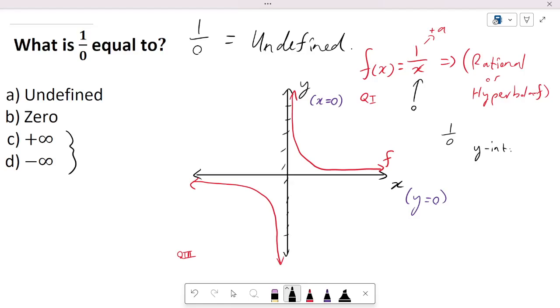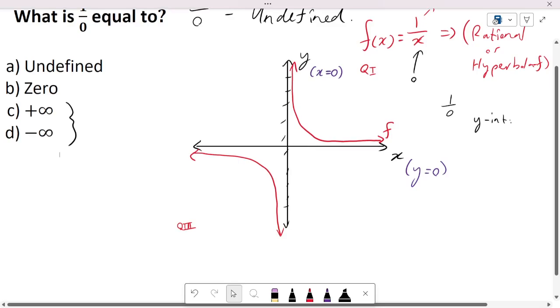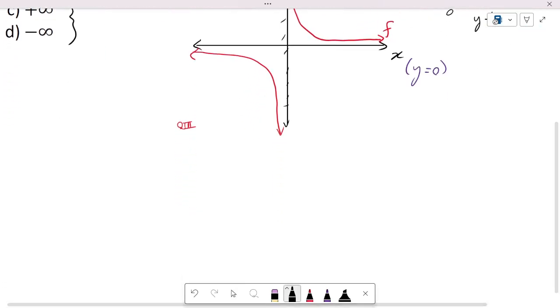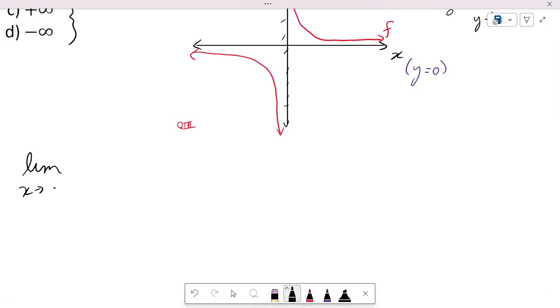Now, the reason why I wanted to do it is because if you're a Calculus 1 student, you would look at it like this, right? You would actually take the limit as x approaches 0. Remember that you will have a limit in the form of limit as x approaches a of any function, which is equal to our limit value, right?